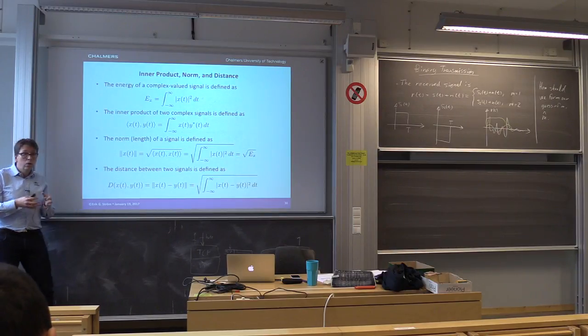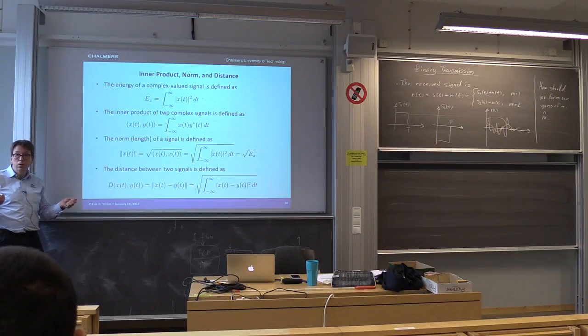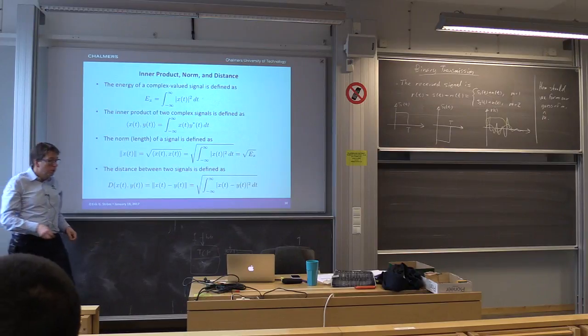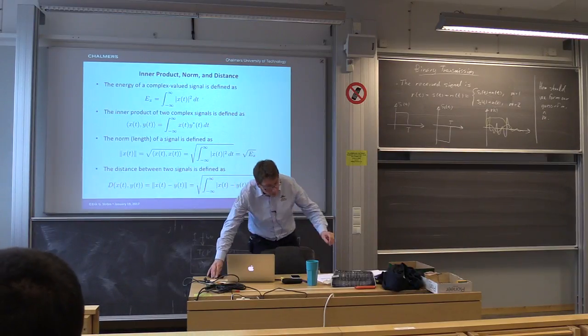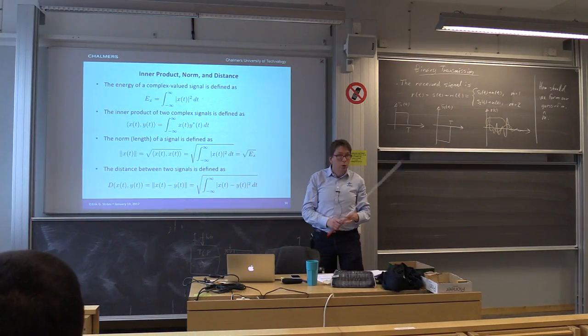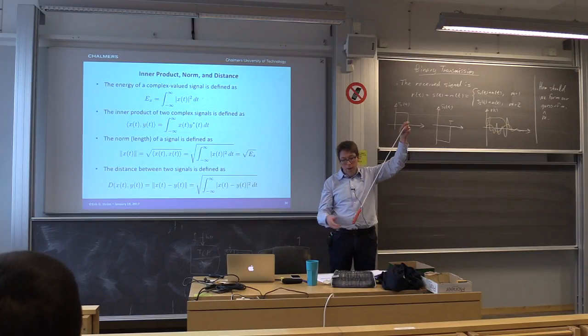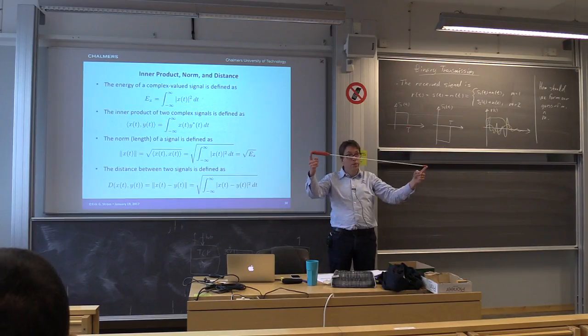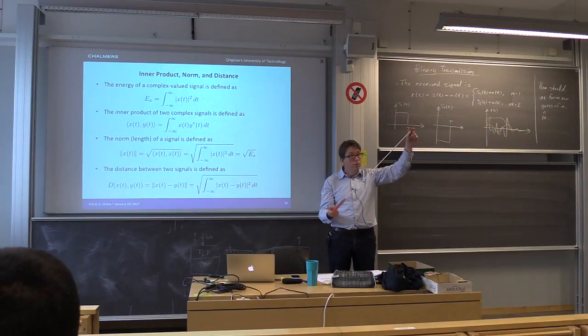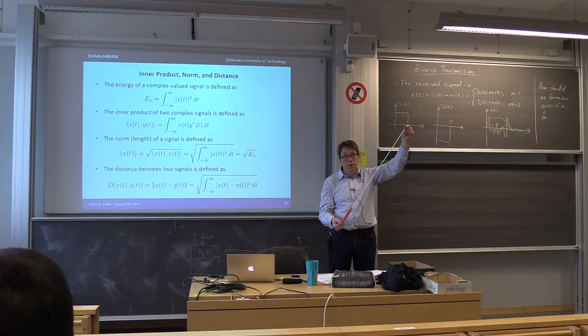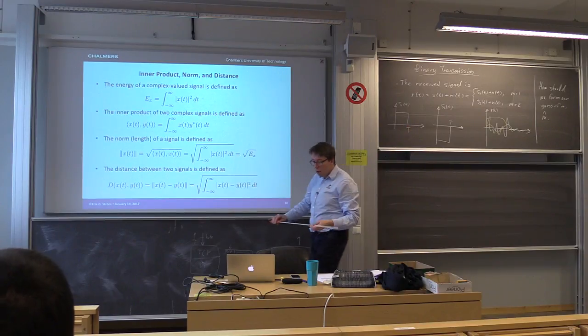Okay. So now when we have the size or length of a signal, we can compute the distance between two signals, right? Because the distance between two points in space, this point and this point, is the length of this. So if I can calculate length, I can calculate distances. So how do we do this?